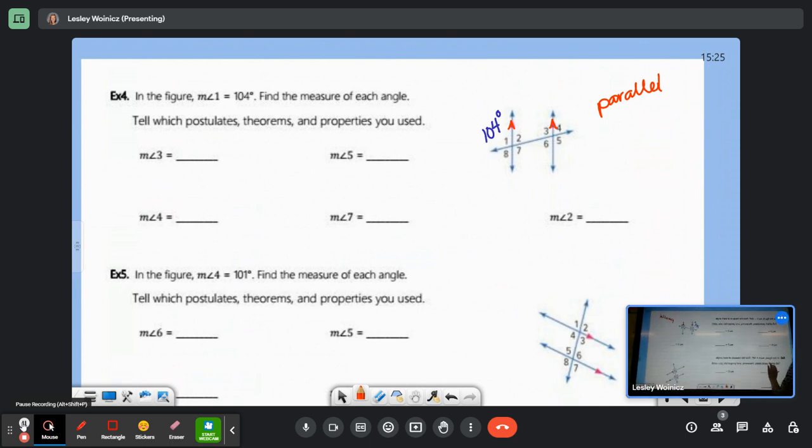Look at it compared to angle 1. Angle 1 and angle 3 are what kind of angles? Starts with a C. They're corresponding, so they are congruent. So this one is 104 because of the corresponding angles postulate.